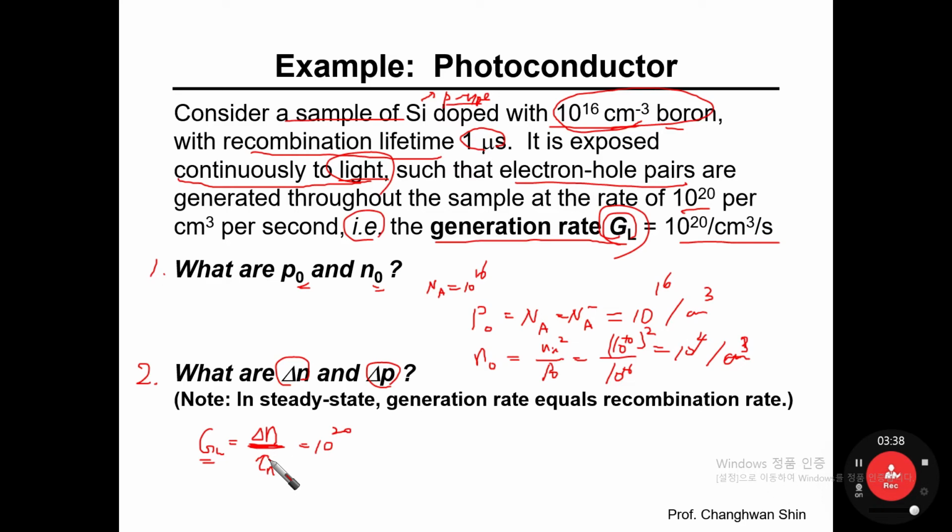Why is that? Once an electron is created by light, at some point the created electron would be annihilated with a hole.